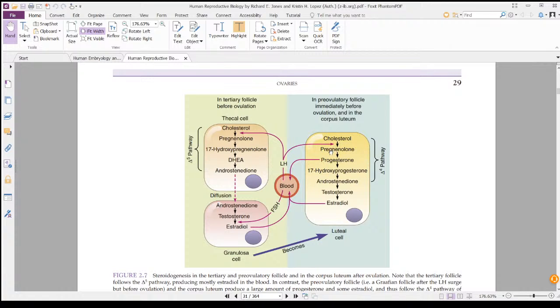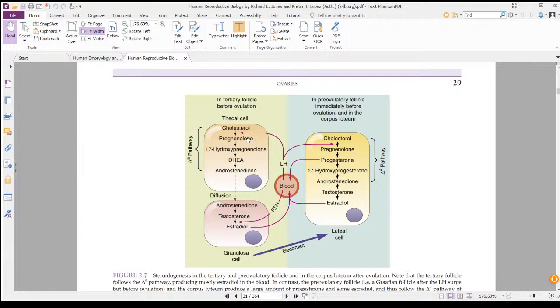That is why progesterone is produced from the corpus luteum, because the biochemistry changes here. They take the delta 4 pathway, and then you produce progesterone that goes into the blood. Progesterone is then converted to estradiol again. But here you don't see any progesterone production. That is why the corpus luteum is able to produce progesterone, because they take the delta 4 pathway.